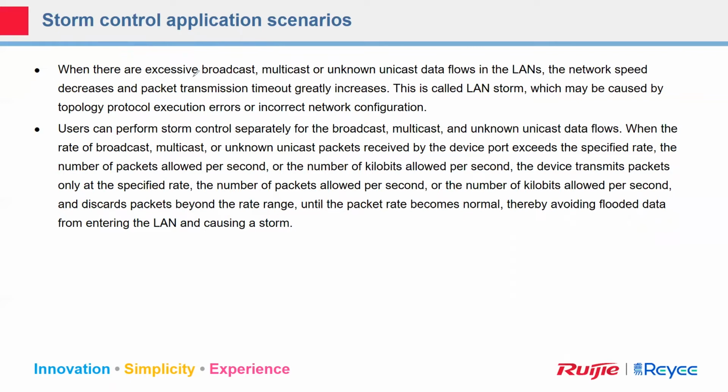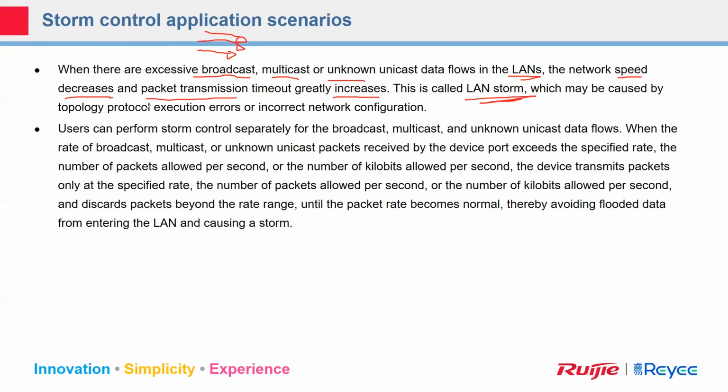When there are excessive broadcasts, multiple broadcasts, or multicast or unknown unicast data flows in the LANs, the network speed decreases because there is a lot of traffic, and the packet transmission timeout greatly increases. This is called a LAN storm.